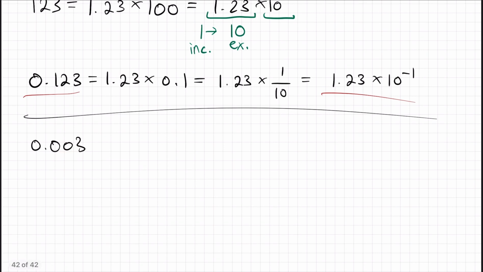Take the first number which isn't a 0, so 3, and count how many times you have to move the decimal point to put it after the 3. In this case, it's 1, 2, 3. So this can be rewritten as 3 times 10 to the minus 3.